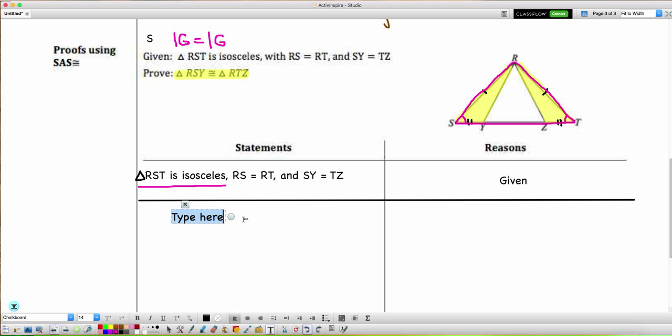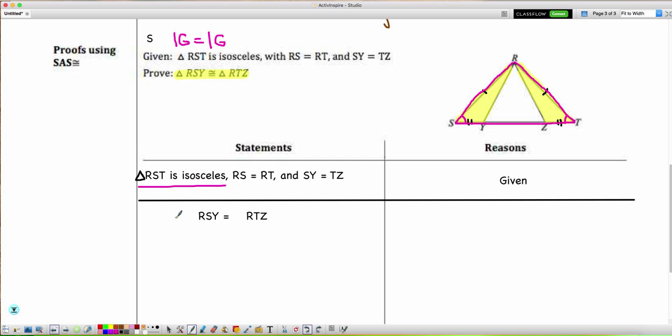So my next thing I'm going to write is that angle RSY is equal to RTZ. And I still have to write the measure of the angle. So the measure of the angle RSY is equal to the measure of the angle RTZ.